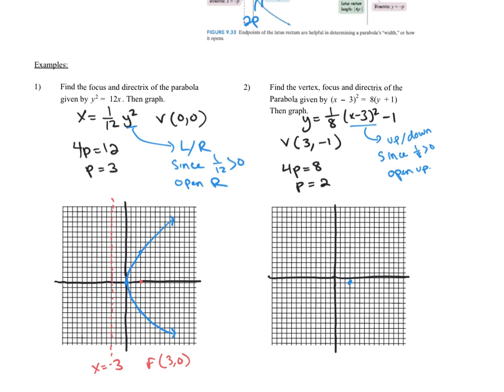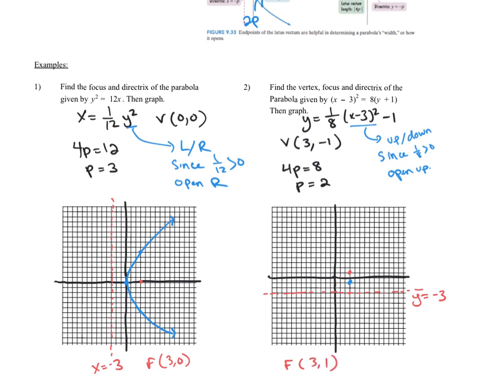Okay, since this opens up, we know that our focus will be 2 units up from our vertex. So our focus will be right there. And our directrix will be 2 units down. And it'll be a horizontal line this time. So our directrix is y equals -3. And our focus is 3, 1.